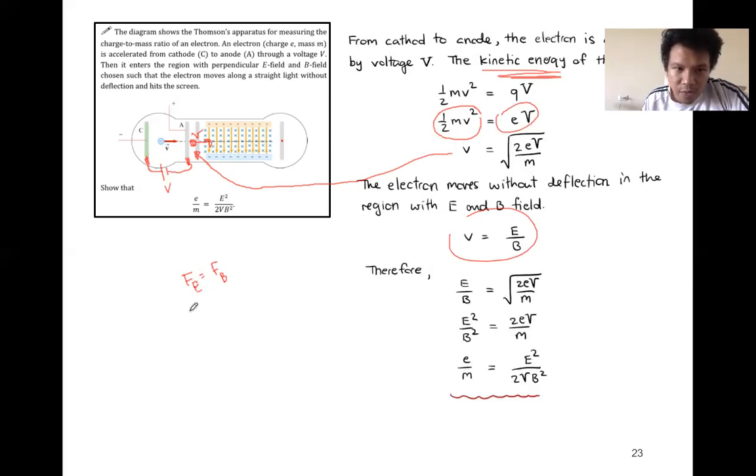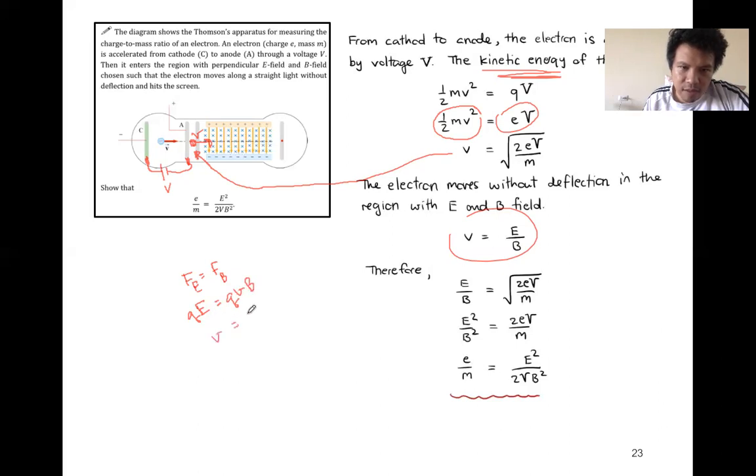When Fe equals Fb, Fe, or electric force, is a product between a charge and electric field, and Fb, or magnetic force, whenever the particle is moving in the perpendicular direction, is qvB.